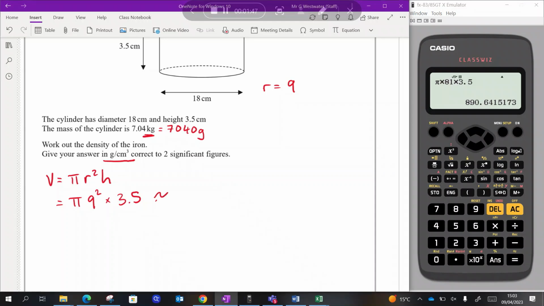which is roughly equal to 890.6415... So I'm going to just keep that there as my answer, and then my density is going to equal my grams, so 7040 divided by the volume.